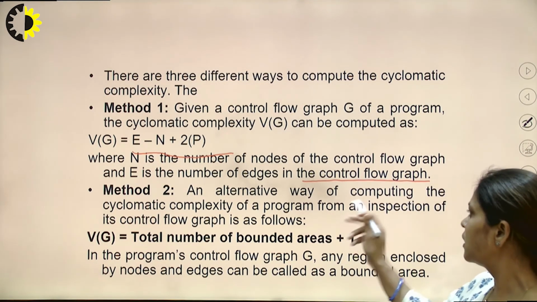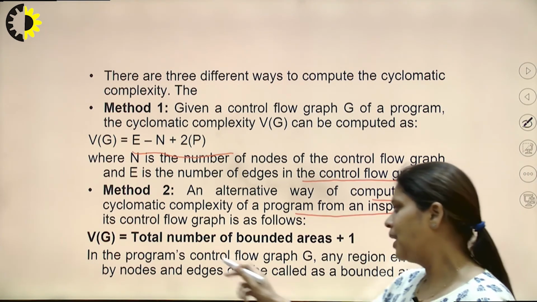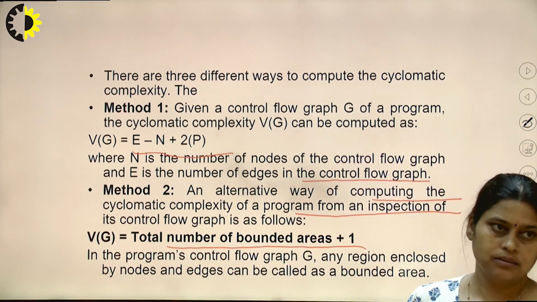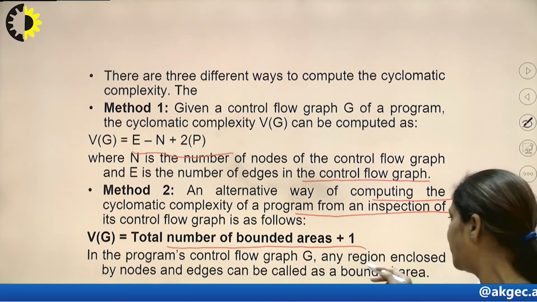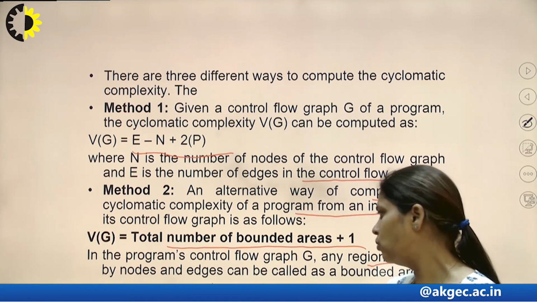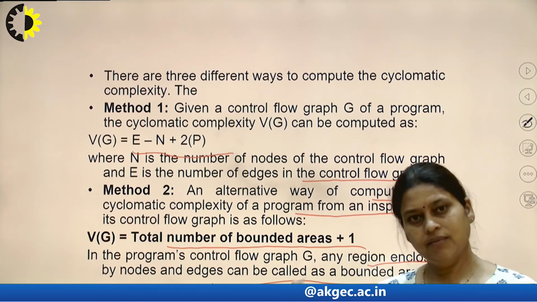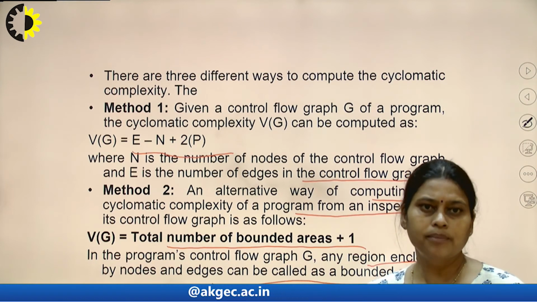Method 2 is an alternate way of computing the complexity of the program. That is, Vg is equal to the total number of bounded areas plus 1. In the control flow graph, any region enclosed by nodes and edges can be called a bounded area. We will see in the example how we can calculate this complexity.